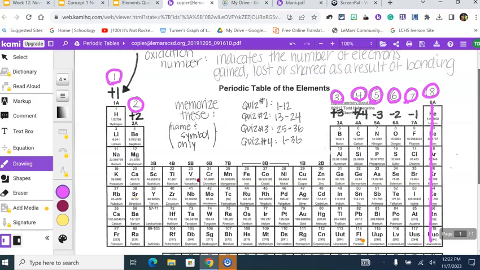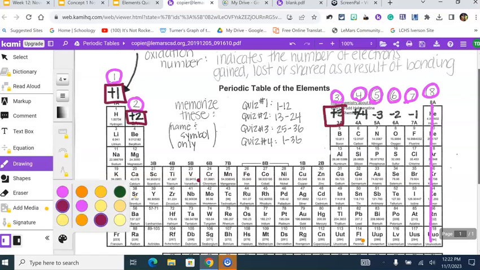But do you see this number right here? +1, +2, +3, plus or minus 4, -3, -2, -1. That number is called its oxidation number. And it indicates the number of electrons that are gained or shared or lost.